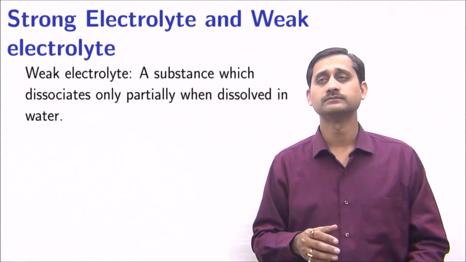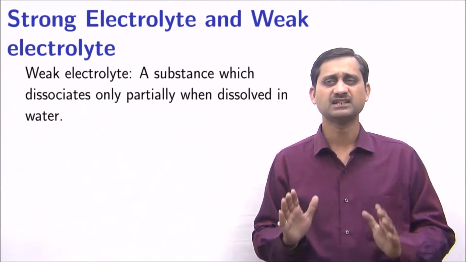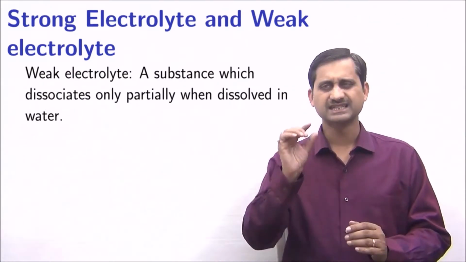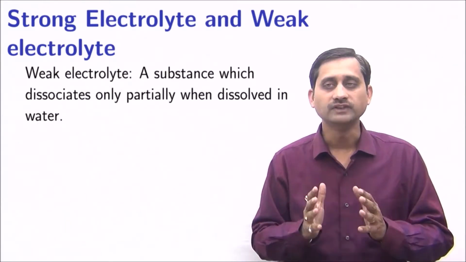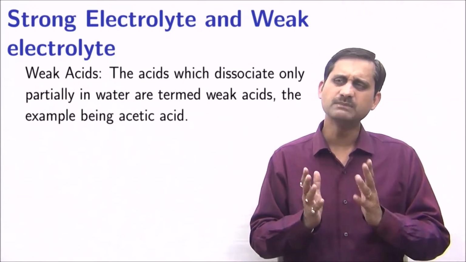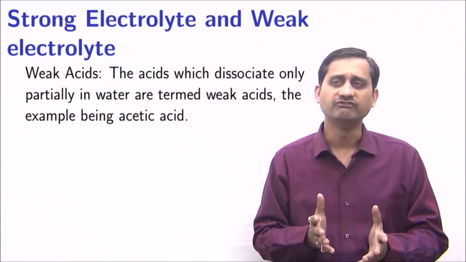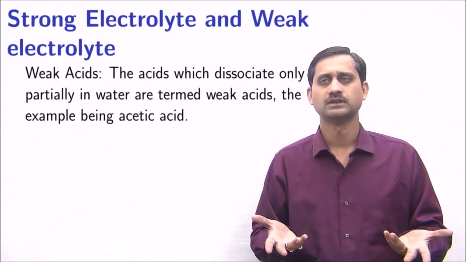Weak electrolyte, a substance which dissociates only partially, that is, marginally or slightly, when dissolved in water, is termed weak electrolyte. The acids which dissociate only partially in water are termed weak acids. The example, acetic acid.